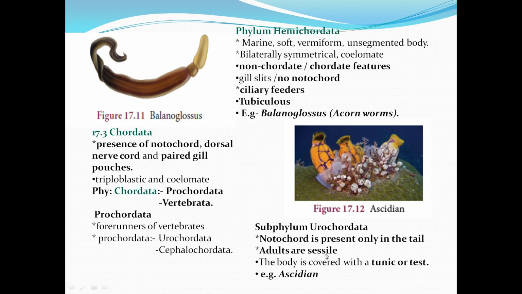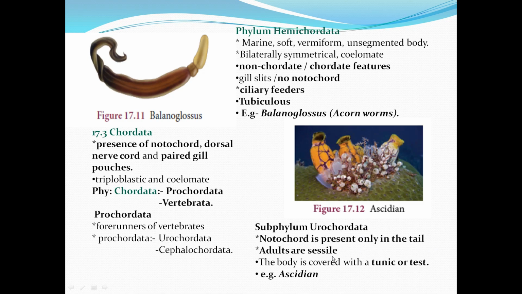Now let us see the characteristic features of subphylum Urochordata. In urochordates, the notochord is present only in the tail region. The notochord is restricted to the tail region alone in the urochordates.